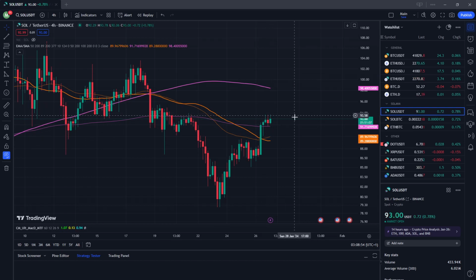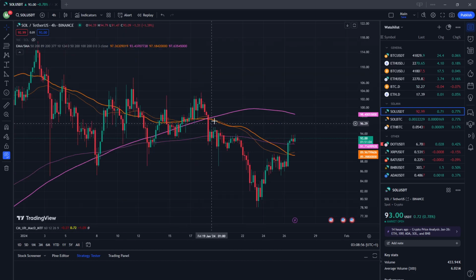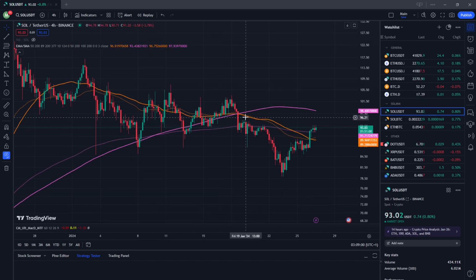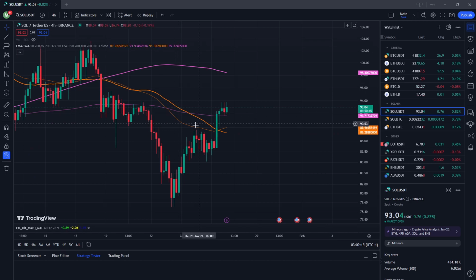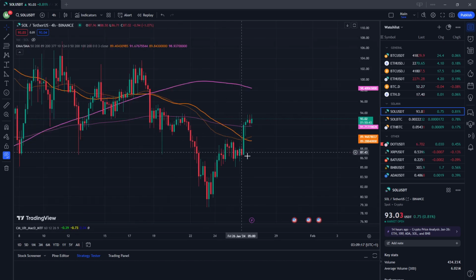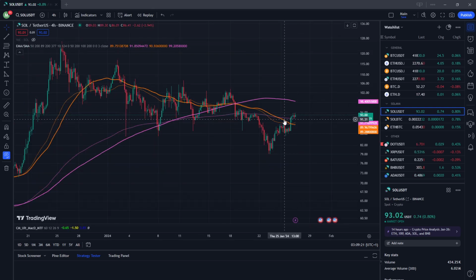So if the simple moving average of a shorter time goes under the longer one, that's usually a negative sign because then the trend is down. But the same can be said between the simple moving average and the exponential one, that if they cross, then it also says something about a shorter term trend.